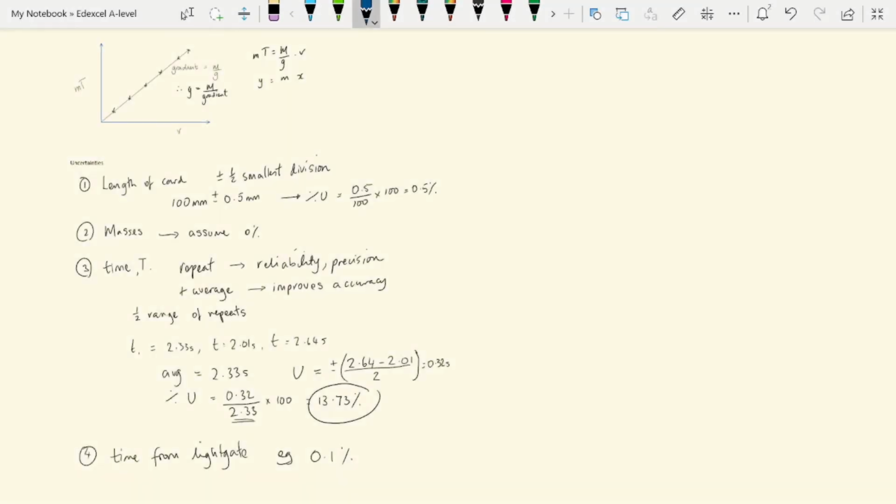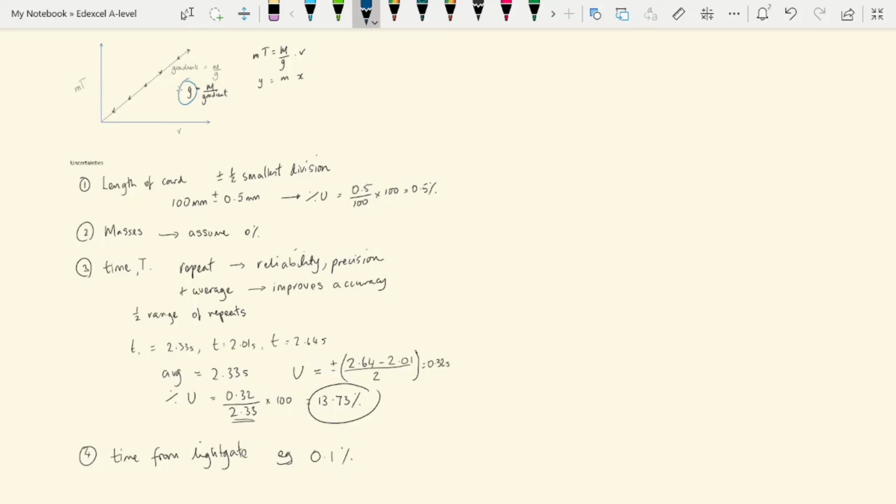Now that we've got all of the percentage uncertainties from the quantities that we measured, what we want to do is find what is the uncertainty in our gradient at the end of this, because this is what we were after. We were trying to find the uncertainty in our gradient and even our uncertainty in the value of the gravitational field strength. So we have to compound our uncertainties.